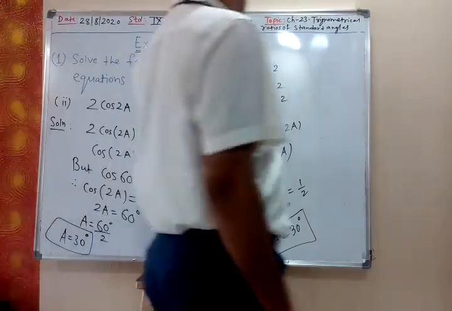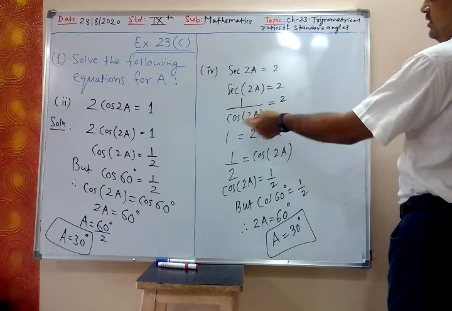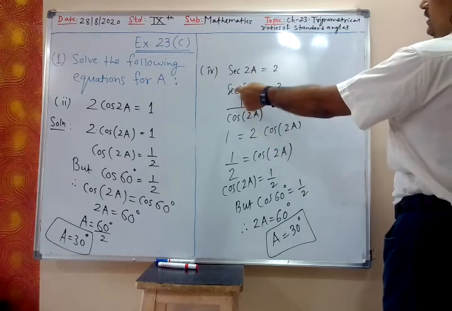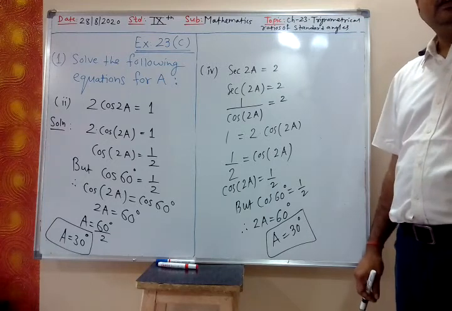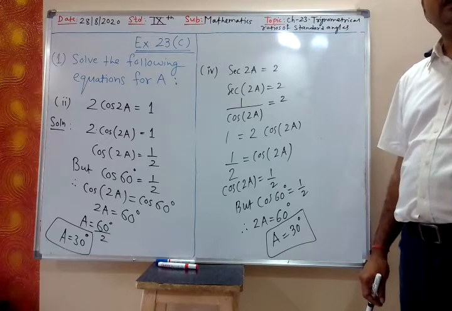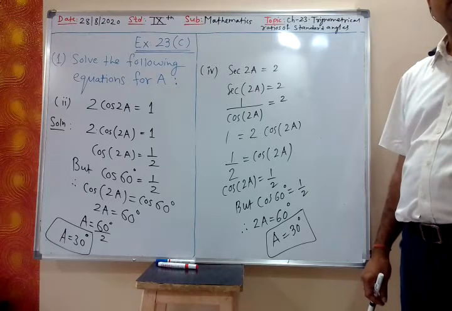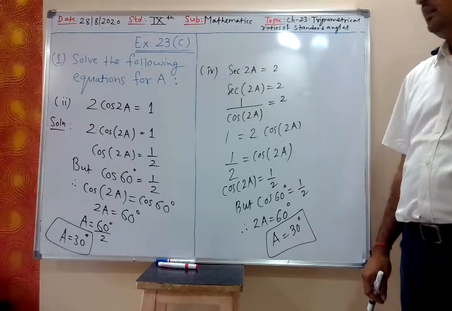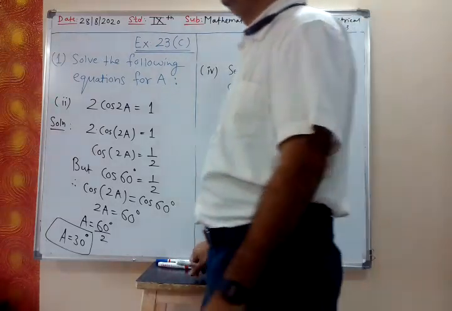This 1 upon sec you have to write in terms of cos, then you have to cross multiply. Don't directly write sec. But if you are thorough with the table of sin, cos, tan, then sec, cosec, cot, if you know the table of sec, then you can directly write this as 2A is equal to 60 degree.